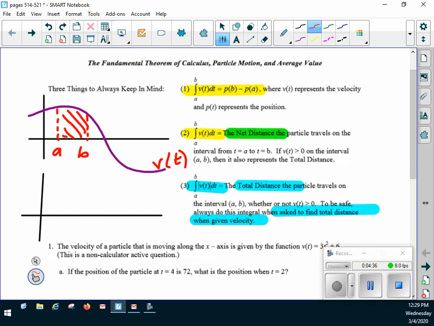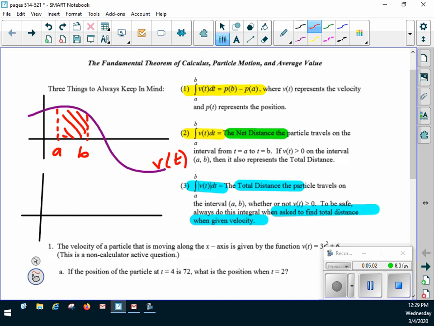If I integrate this from A to B, am I going to get net distance or total distance? Both. I'm going to get both because if I do the integral, I will get net distance. But because my whole graph was above the x-axis between A and B, the net distance will be the same as the total distance. Okay?